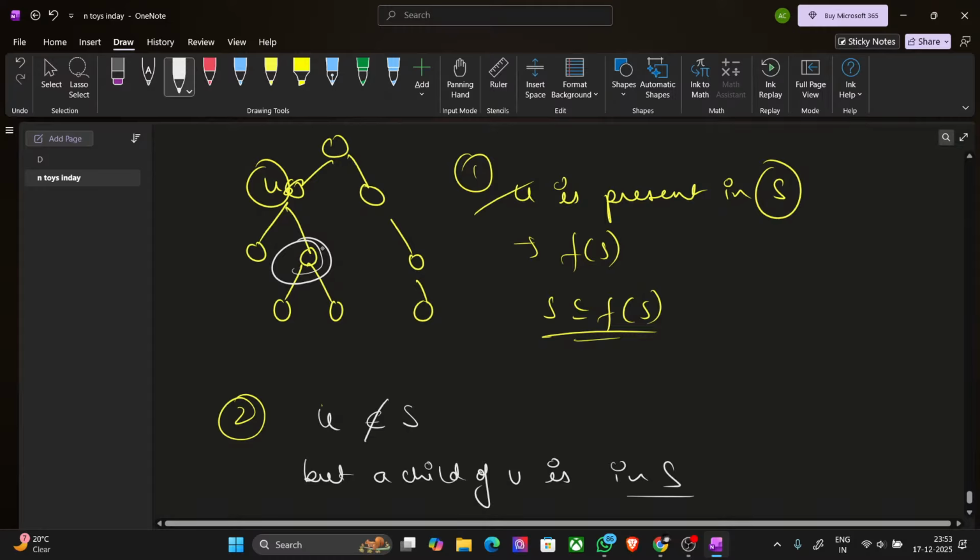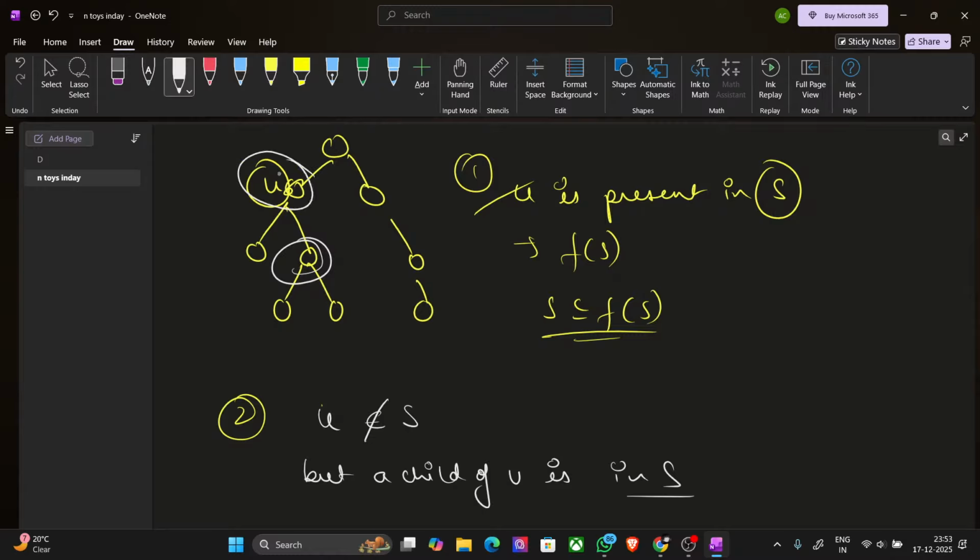If this is present in the set, then there is no need for U to be present, because if any other child was present with it, then the LCA of these two children is U only.